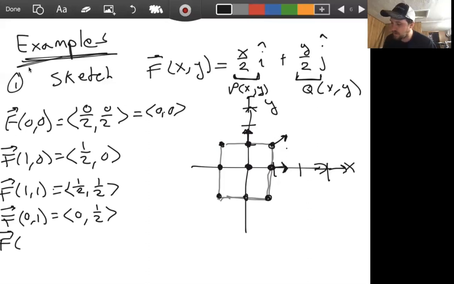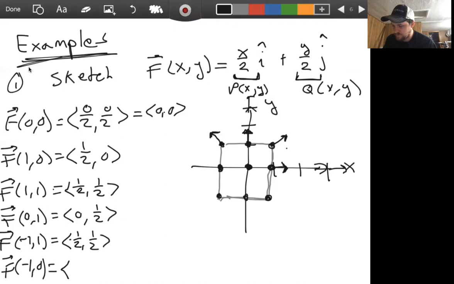And so let's pick the point -1, 1. And this is going to be the vector -1/2, 1/2. So I'll get this vector here. And then let's keep going. So this point is f of -1, 0, which is -1/2, 0.